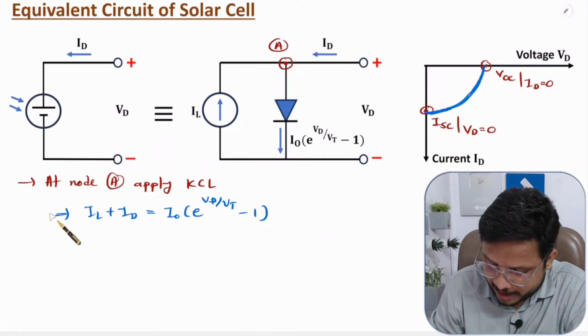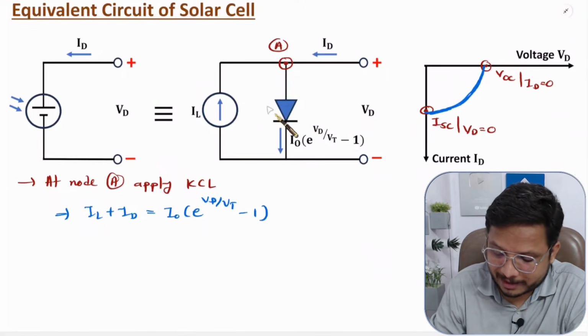This is the standard equation for current passing through a PN junction. See, this is the basic current equation that we have for this equivalent circuit.